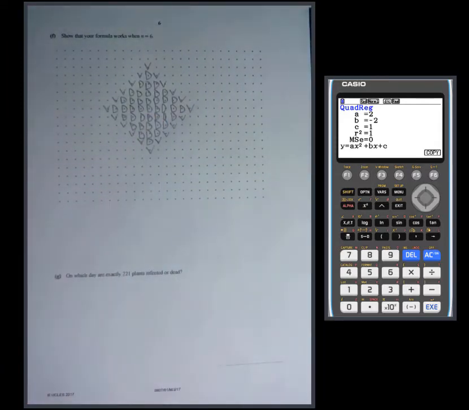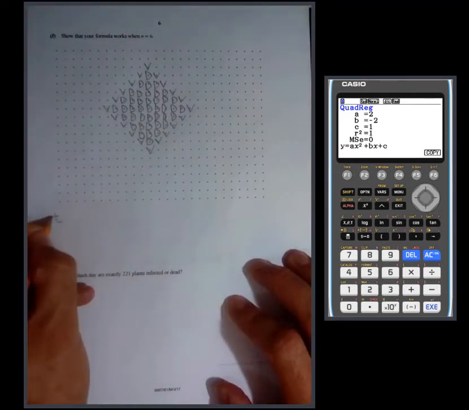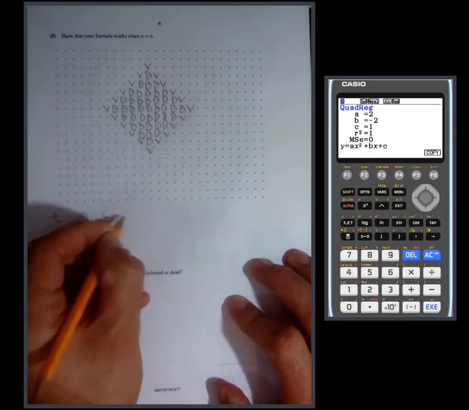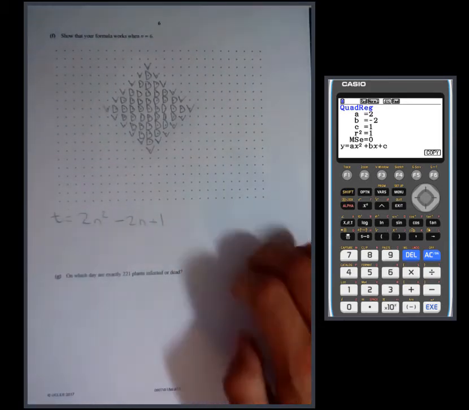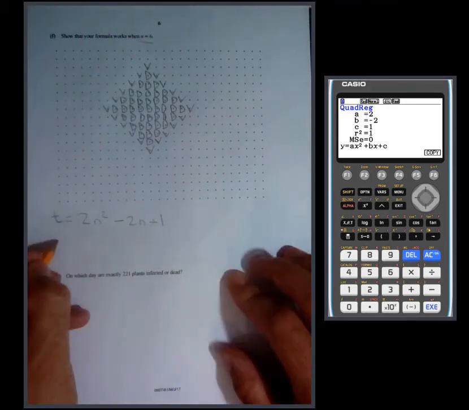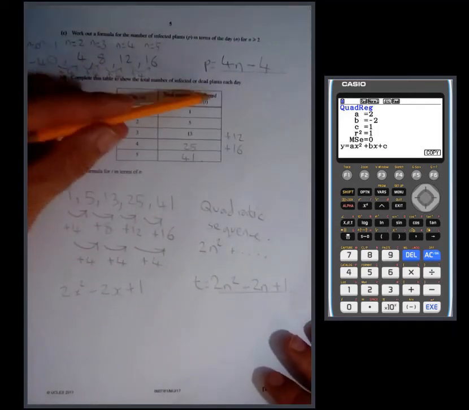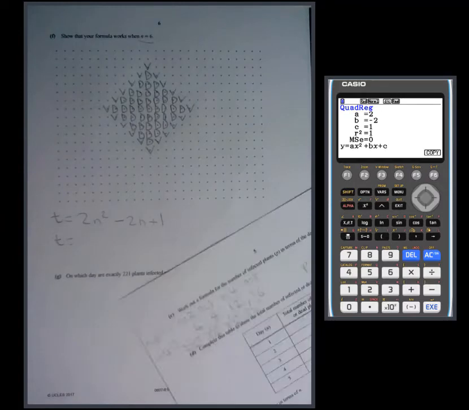Right, so that is the pattern for n equals 6. So I need to show that my formula works. The formula is t equals 2n squared minus 2n plus 1. When n equals 6, remember what t is? It is the total number of infected or dead plants.